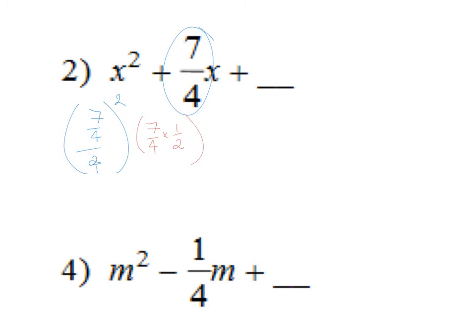It becomes (7 over 4 times 1/2) squared. That reduces to 7 over 4 times 2, which is (7 over 8) squared. And now I can square my top and my bottom. So 7 squared is 49, and 8 squared is 64. So that would be my answer: 49 over 64.